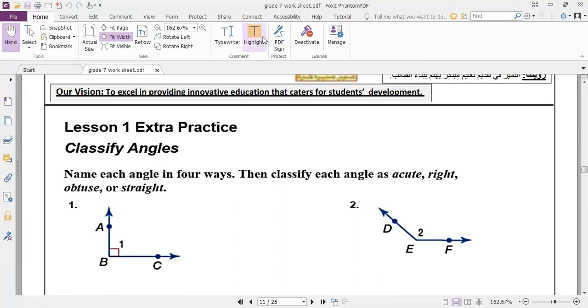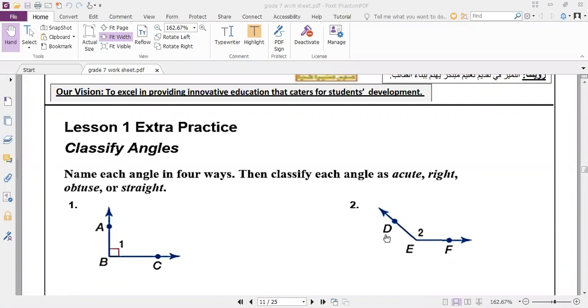If you have this mark, I can call this angle a right angle. So the right angle is equal to 90.